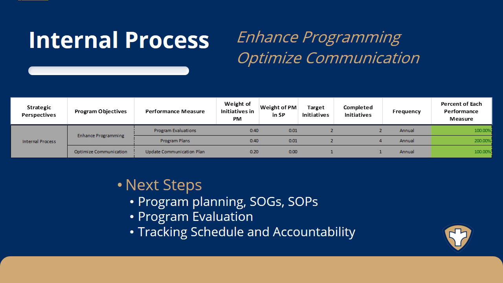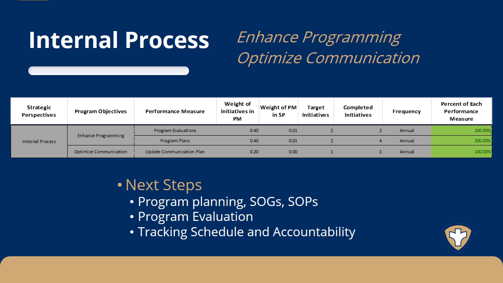The next steps as we round out 2024 and move into 2025 are to continue the program plan for each division. So each division has their list of programs. They'll work through those. That may include updating standard operating guides or standard operating procedures for each division.